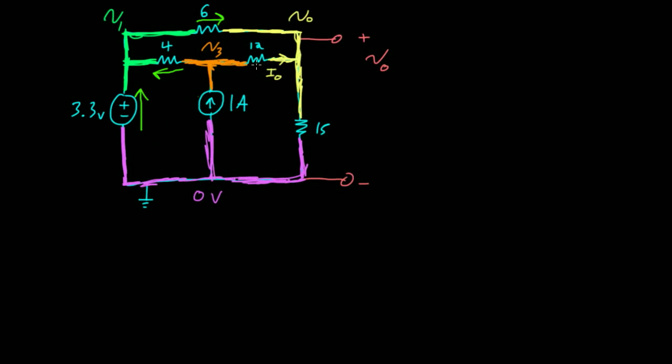And then for this 12 ohm resistor, let's say that current flows in the same direction as I0, so from left to right. And then let's assume for this 15 ohm resistor that current is going to flow top to bottom. So anyway, I've assumed current directions for everything.